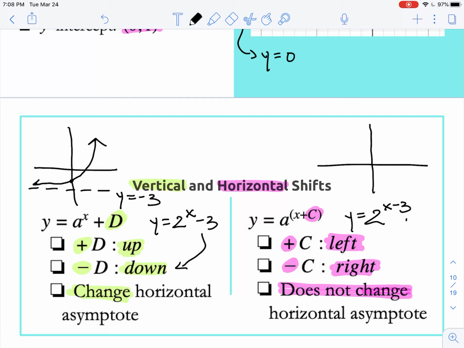This minus 3 means I'm moving my graph to the right. And so that y-intercept gets moved over, but my horizontal asymptote stays in the same place, whereas in the vertical shift, this one got moved down 3 units.